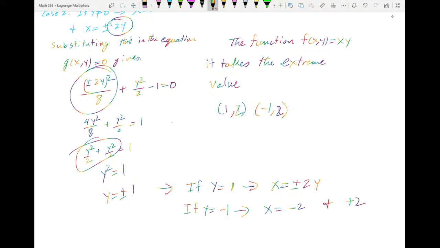The order matters, and we'll come back to that in a moment. And then you get (-2, -1) and (2, -1).